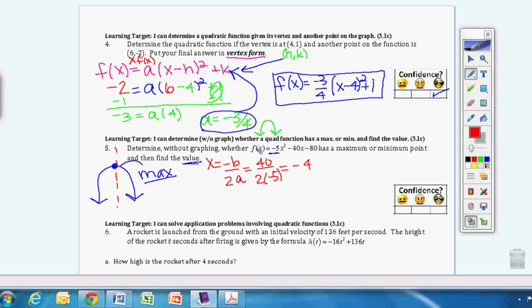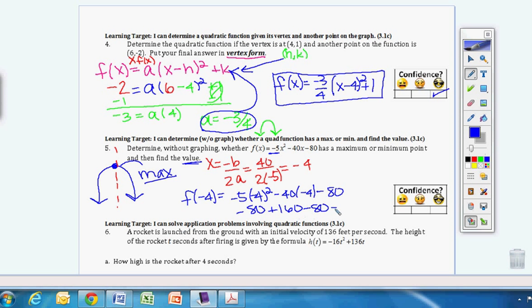I'm going to take this and plug it right into my function. So I have f of -4 equals -5 times (-4) squared minus 40 times -4 minus 80. -4 squared is 16, and 16 times -5 leaves me with -80, plus 160, minus 80.